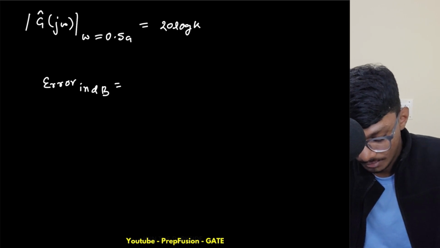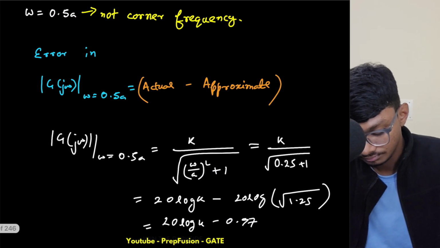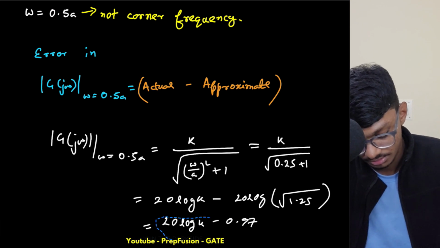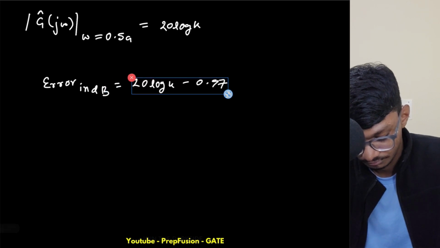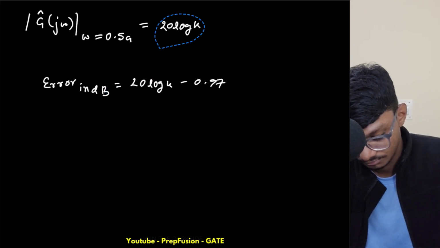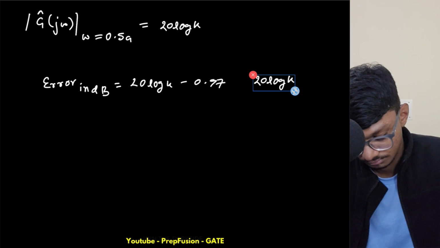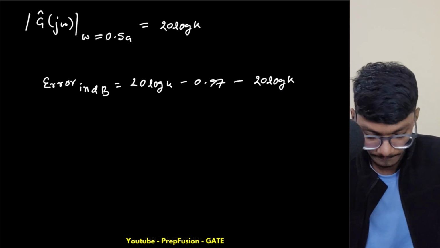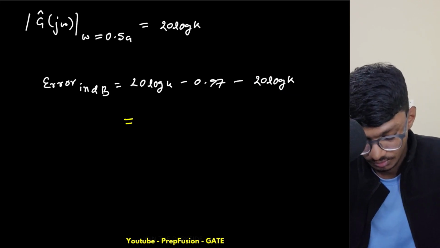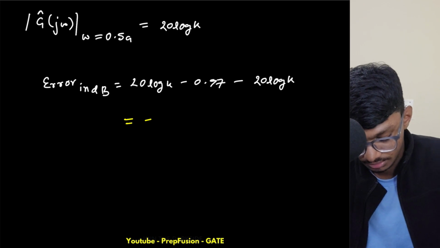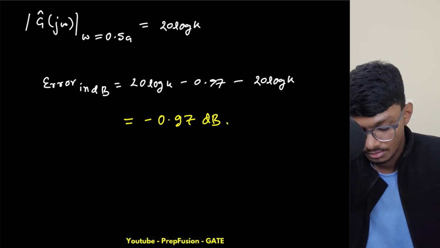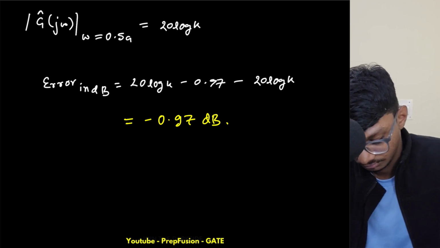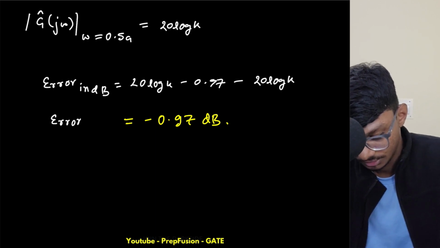It will be simply this one subtracted by the other one, so this will be equal to minus 0.97 dBs. So this is my error.